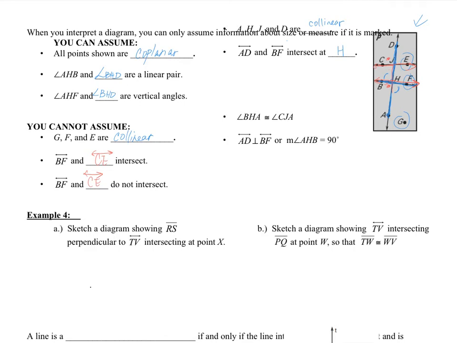And you also cannot assume that line AD is perpendicular to line BF, or that angle AHB is perpendicular. There's no right angle symbol indicating that it's 90 degrees. It's not present.